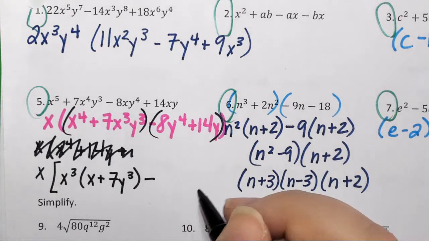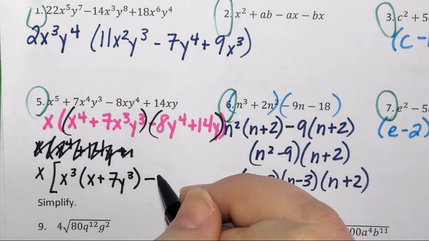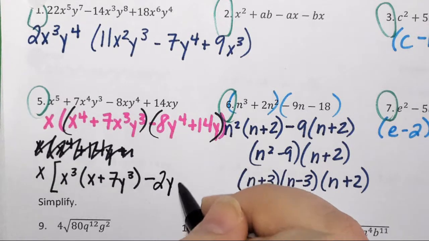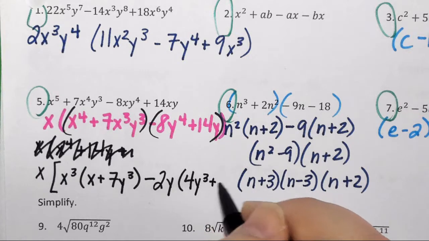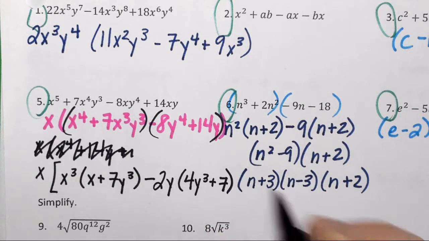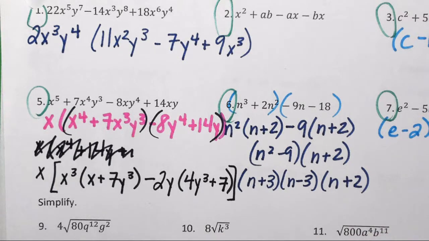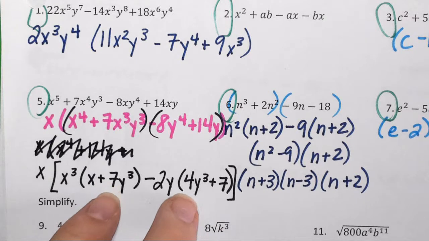I don't know, maybe it was supposed to fail. So I know I could pull out a 2 and a y, and I would be left with a 4y to the 3rd plus 7. But I mean, those 2 don't match, so I'm not happy.